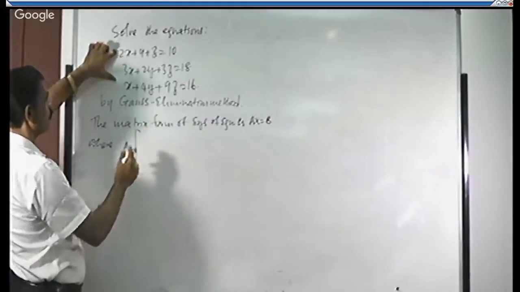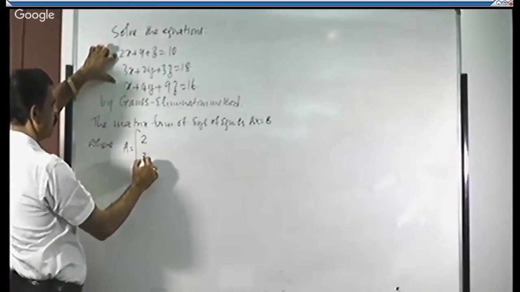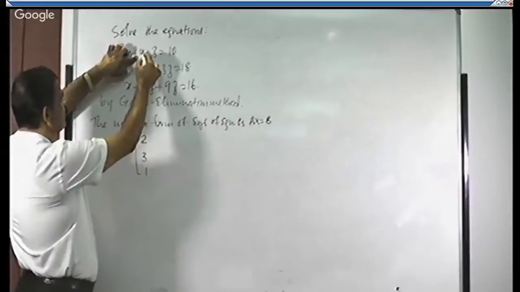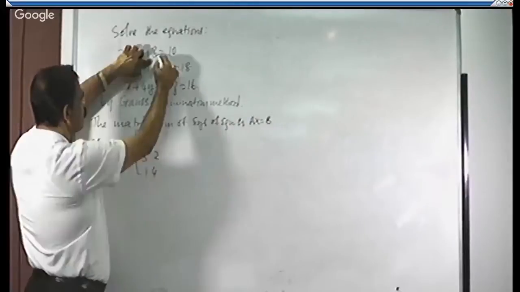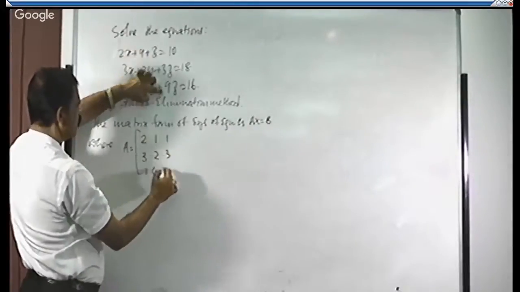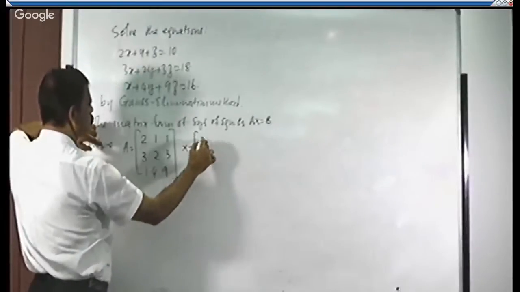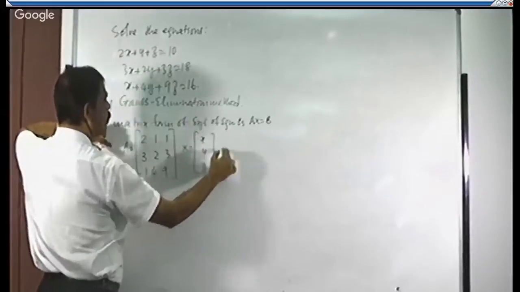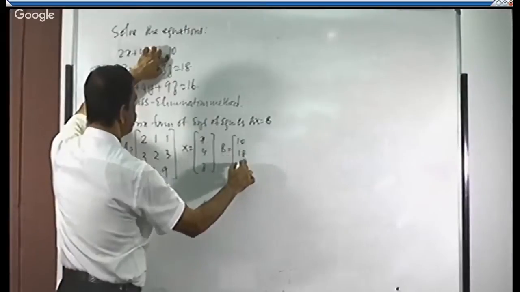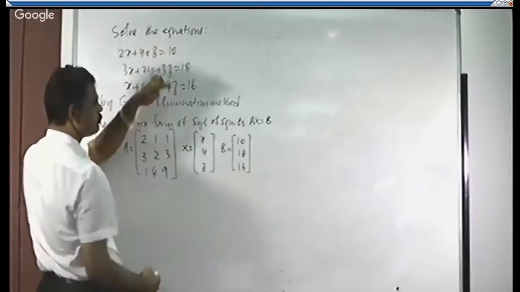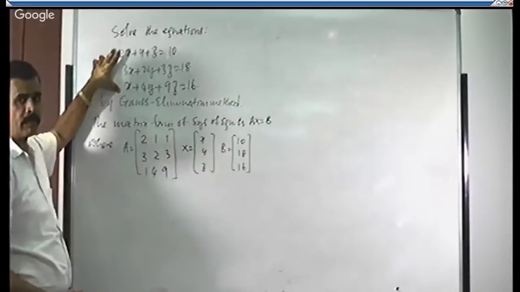The coefficients of x are 2, 3, 1. Coefficients of y are 1, 2, 4. Coefficients of z are 1, 3, 9. Then x is the unknowns x, y, z. Then b is the constants 10, 18, 16. This is the matrix form which is equivalent to the given system of equations.